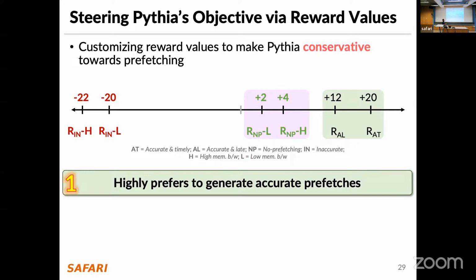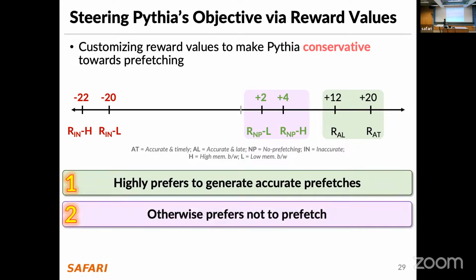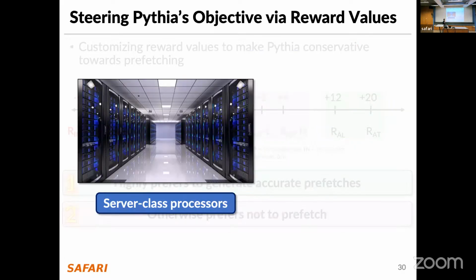So in this case, if Pythia is not going to be accurate, it simply understands that it's much better for me to stay quiet as compared to prefetching something inaccurate, irrespective of the memory bandwidth. This is what we call a much more conservative configuration, which is typically useful when you're designing highly threaded, high core count server processors, which, as I mentioned, have less per core main memory bandwidth.